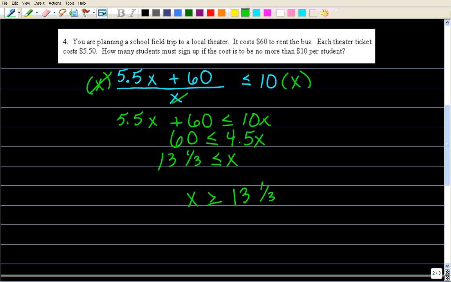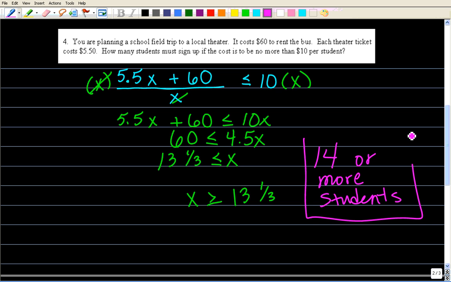Well, we're not going to bring along a third of a student, so we're going to round up to the next student, and that means that we'll need at least 14 or more students in order to cover our basic costs, and each student would not have to pay more than $10.